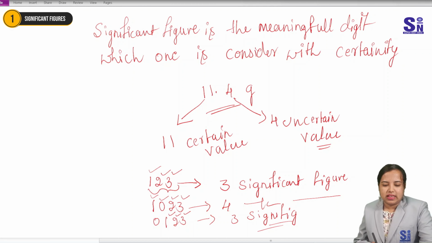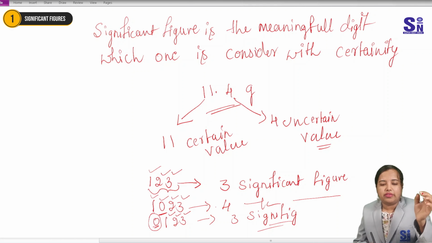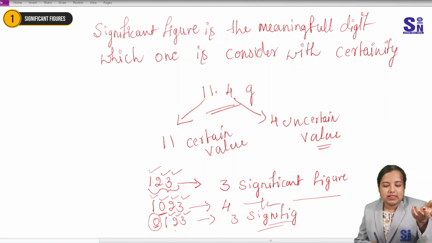Okay. See, here we consider 0. But here we didn't consider 0. Why? Here we consider 0 and we write 4 significant figures. But when it comes to this, we do not consider 0 as a significant figure.